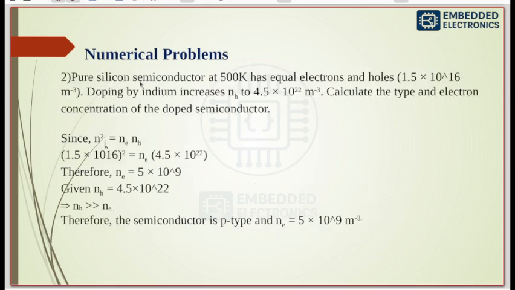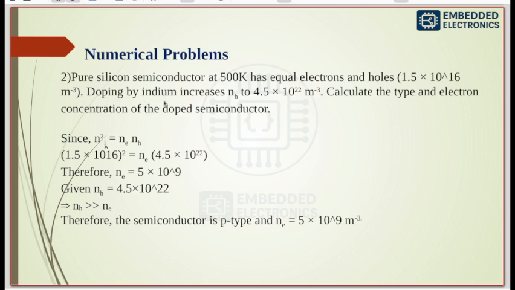Next, pure silicon semiconductor at 500 K has equal electrons and holes, that is 1.5 into 10 to the power 16 per meter cube. This is the number of intrinsic carriers.